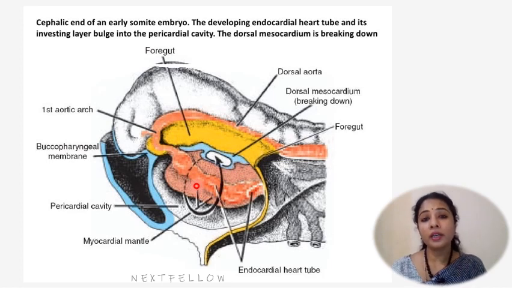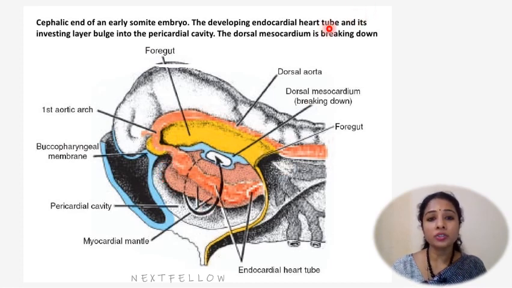So the myocardium differentiates to form a thick myocardial layer, and also secretes a layer of extracellular matrix called cardiac jelly. So this myocardial mantle forms a cardiac jelly, and this cardiac jelly is rich in hyaluronic acid. The surrounding mesenchymal cells differentiate to form the epicardium, the outermost layer.